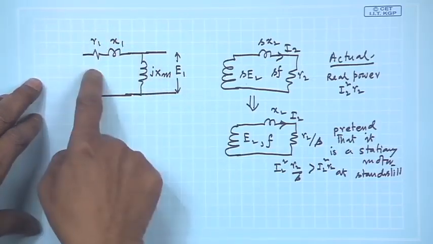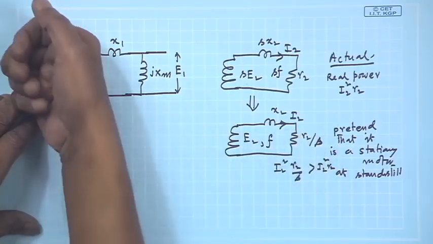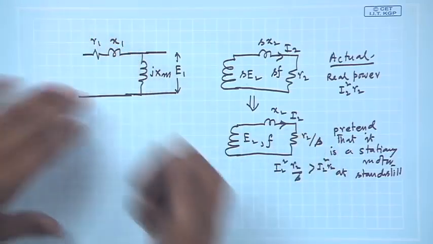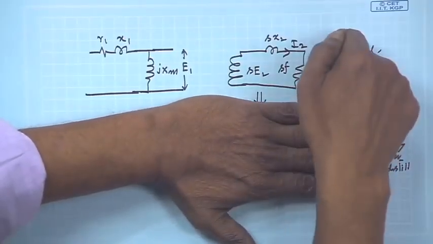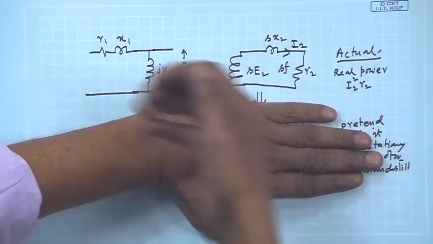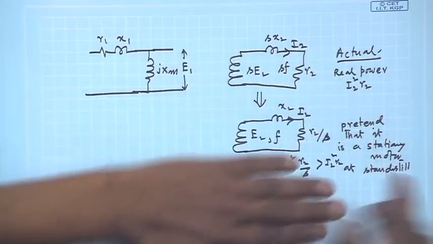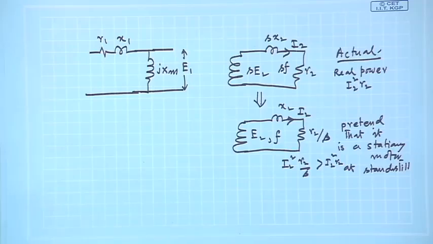What will be the real power drawn? It will be I2 square R2 by S. Now, when I come back to this actual machine, I will tell, oh, this is the total real power drawn, which is greater than I2 square R2, it has to be, because it also supplies mechanical power.